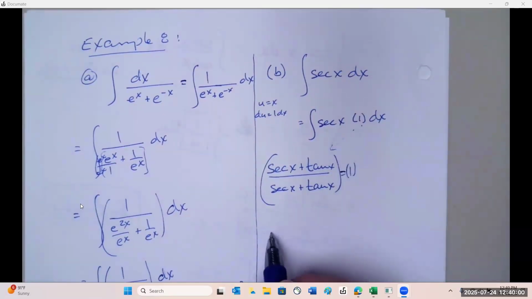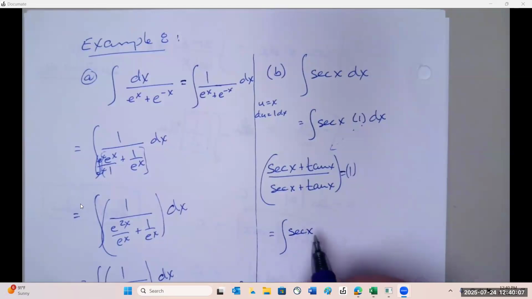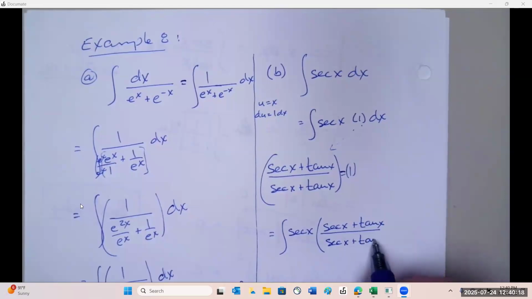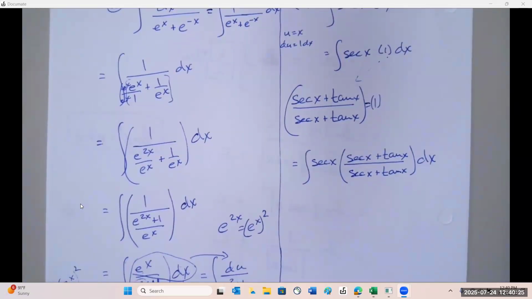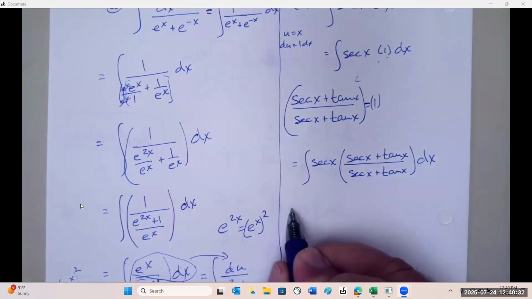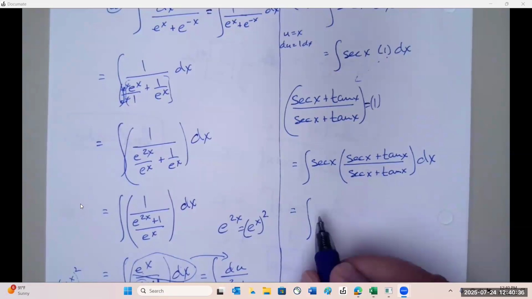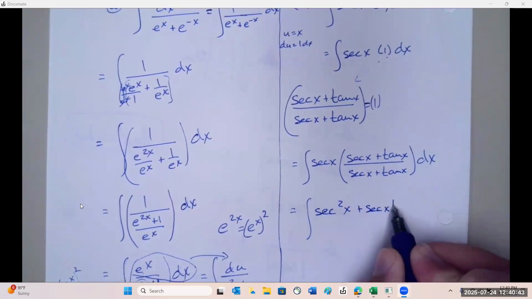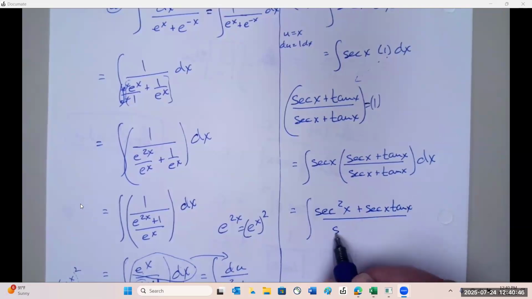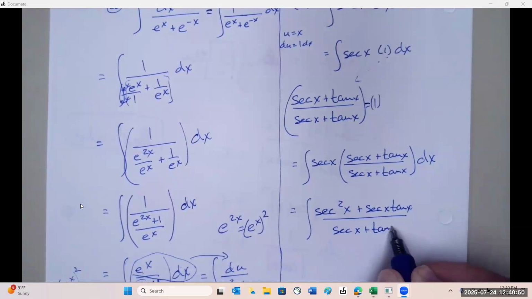We need to know where it came from. So that gives us secant squared x plus secant x tangent x, all over secant x plus tangent x.